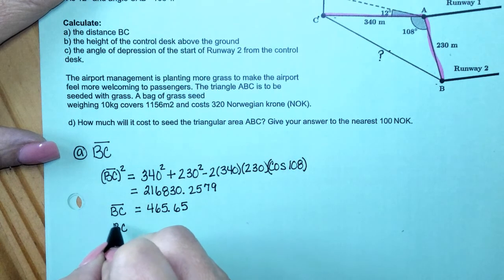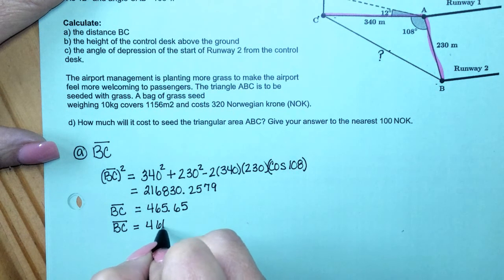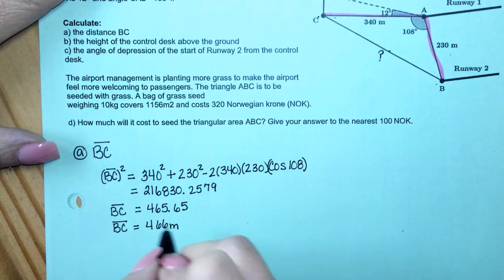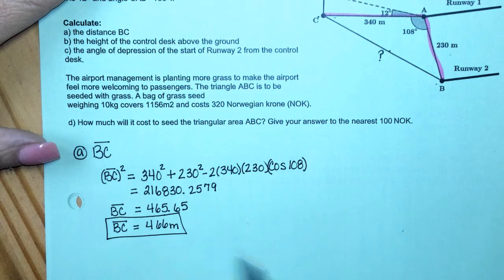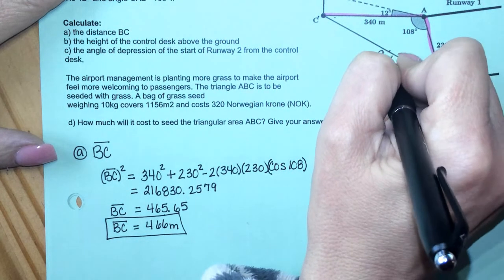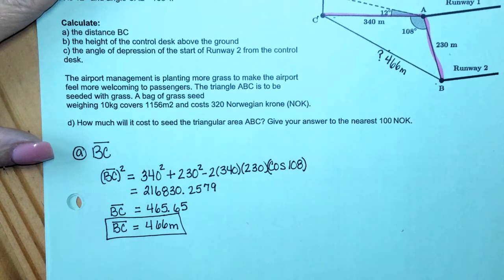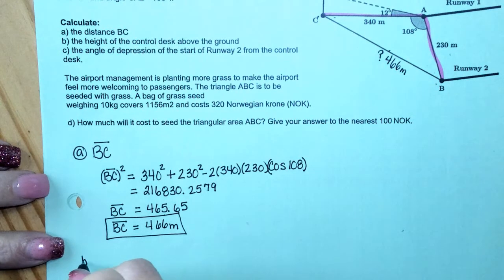Or BC is, to 3 sig figs, 466 meters. All right, so I'm going to go ahead and write 466 meters over here. Bam, letter A, done. Okay, so let's do B.